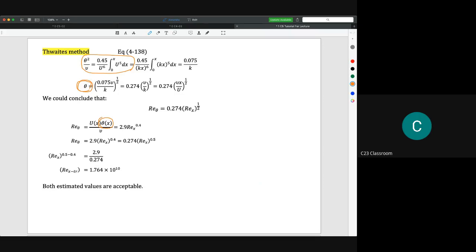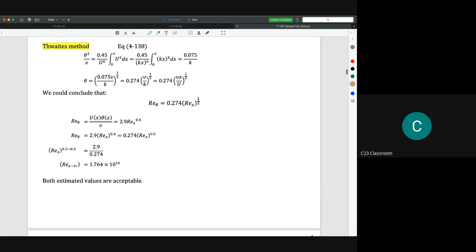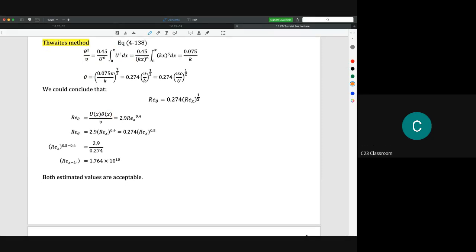What we do is, we have the Thwaites equation here, and we substitute the value of u, the velocity. We are just using a simple form of velocity: u is equal to kx.